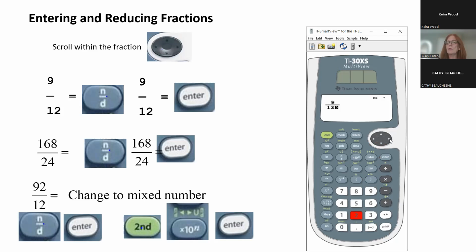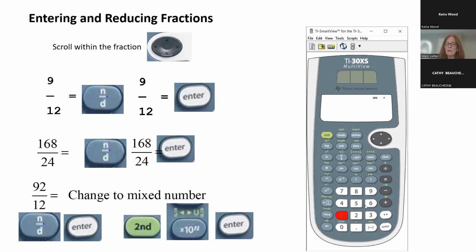I always come out of the fraction before I do anything, so I use that right arrow button to move the cursor out of the fraction and hit enter. And what it's done is it's reduced the fraction. It's simplified it to its lowest terms by dividing the top and the bottom both by the number 3. So it's kind of neat that it has that function. And I'm going to clear this and do the next one.